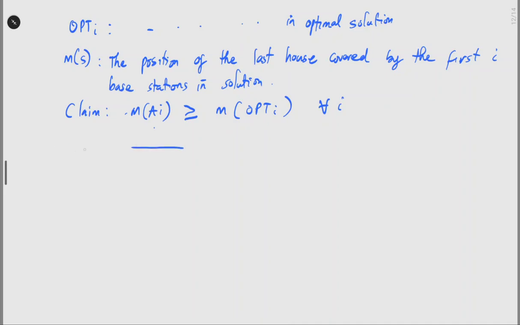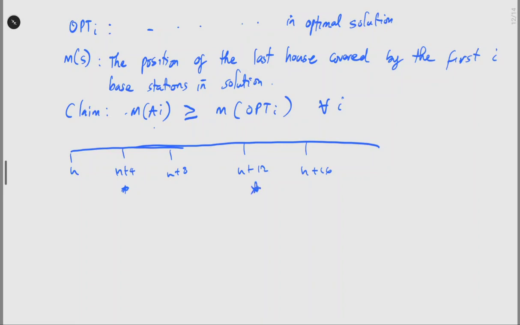So yeah, if we say that the position of the last house covered by the greedy is further than this, I think I will just illustrate again. Let's say this is H plus 4, H plus 8, H plus 12, H plus 16. So let's say from our algorithm, we had a first station here, second station here, right?